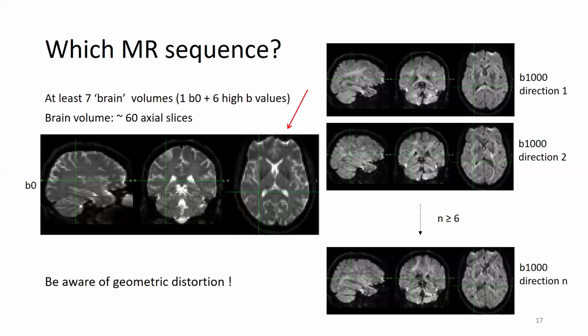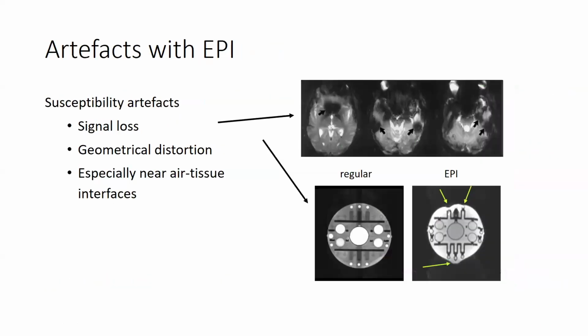Maybe you already noticed there are some weird areas just above the eyes and also near the eyes. This is what we call geometric distortion. This very fast sequence is nice, is fast, but it also has some disadvantages, and that is what we call artifacts.